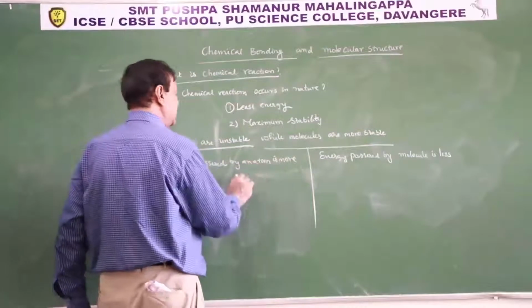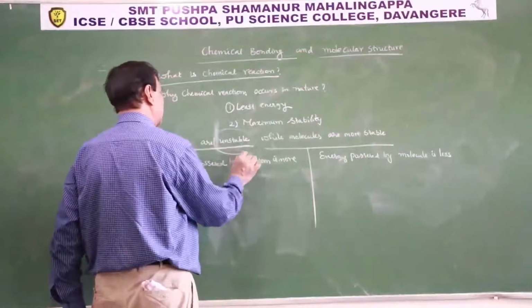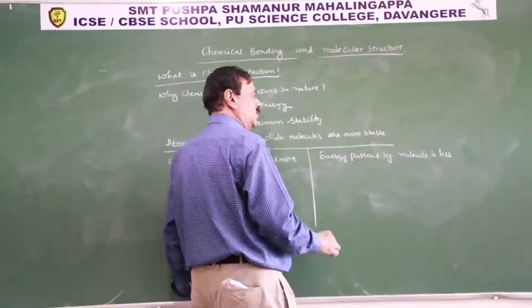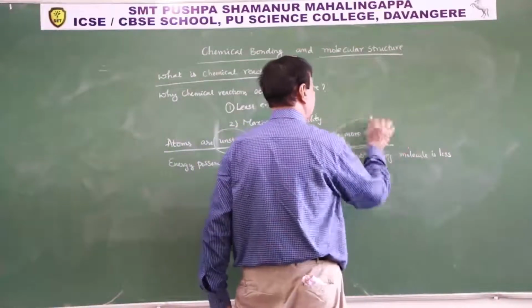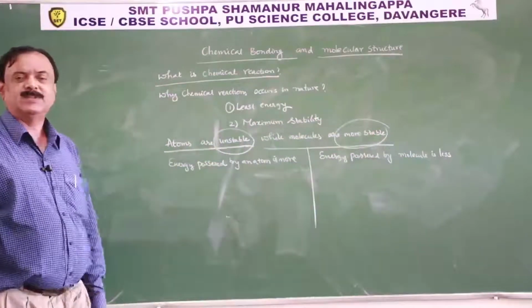Energy possessed by an atom is more means atoms are unstable. Energy possessed by a molecule is less, so molecules are more stable.